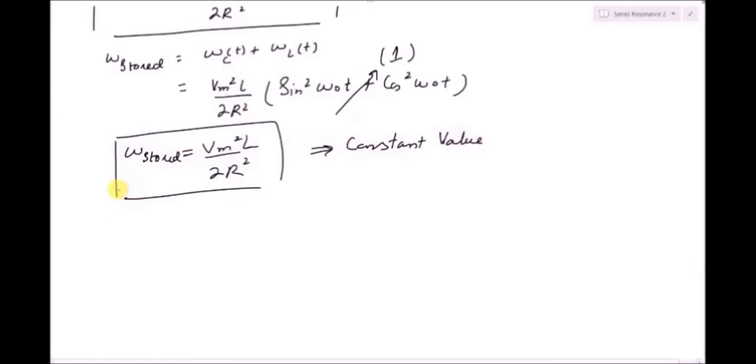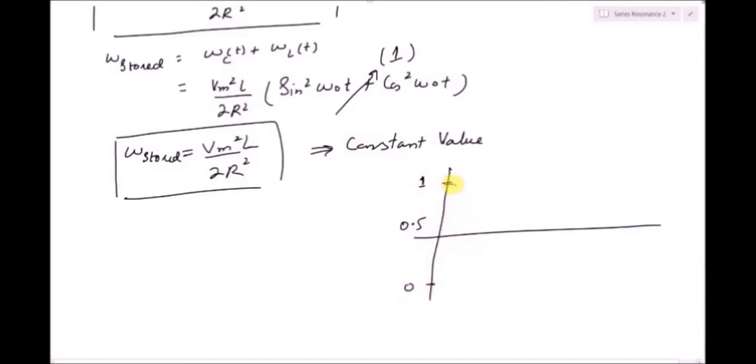So at any instant in the RLC circuit, if you have to find the stored energy, it is a constant value. If I have to show it using a graph, for example, this is 0.5, this is the maximum energy and this is your 0.